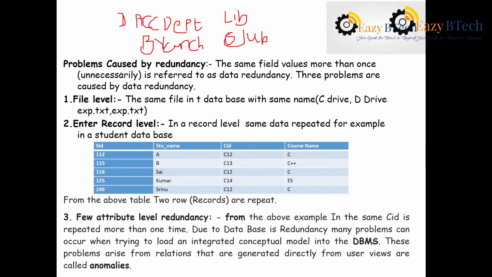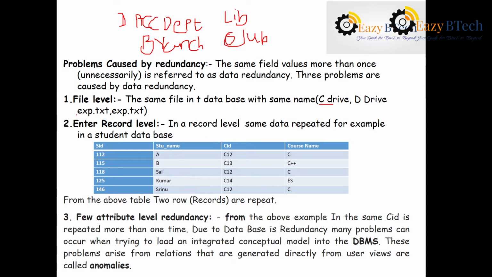Here we are discussing how the problem first arises at file level. File level is nothing but, suppose you change your mobile number, and the same file name database is in the C drive and D drive. You are copying the files in C drive or D drive, exp.txt and exp.txt.